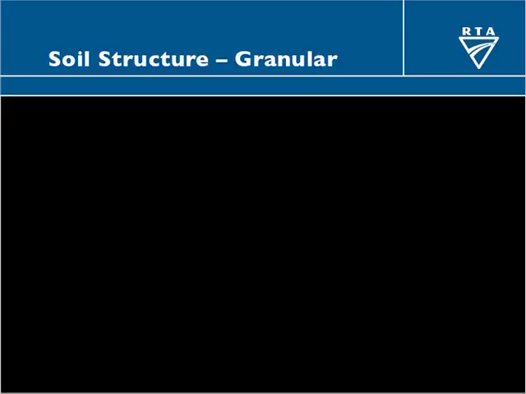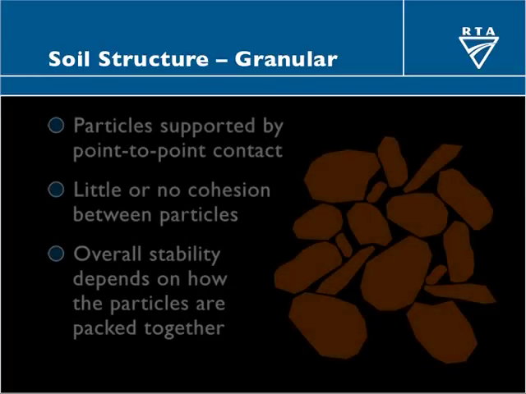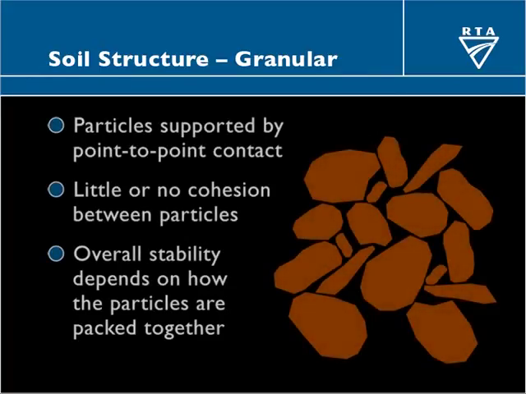Now we also need to talk a bit about the structure of the soils, how they fit together, and how they obtain their strength. In granular soils, talking sands, gravels, silts, things like road bases, they're a collection of individual particles which are supported by whatever point-to-point contacts they have between the particles. There's no cohesion between them, which means that they don't stick together.